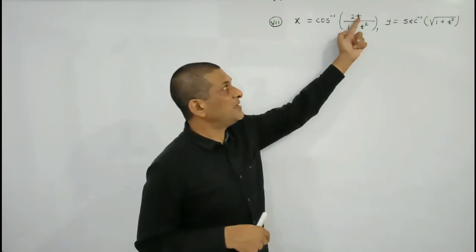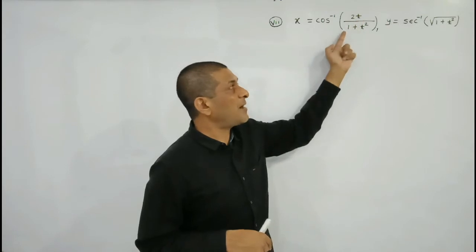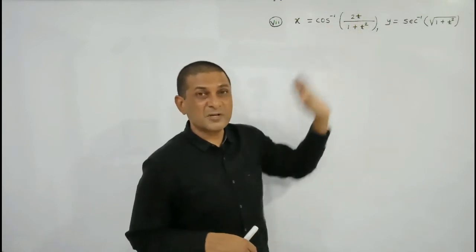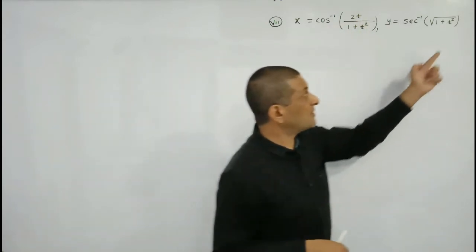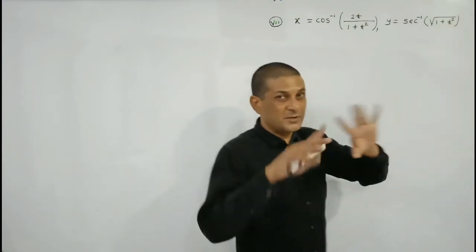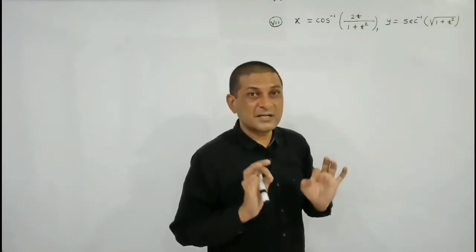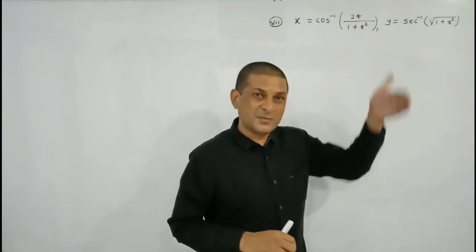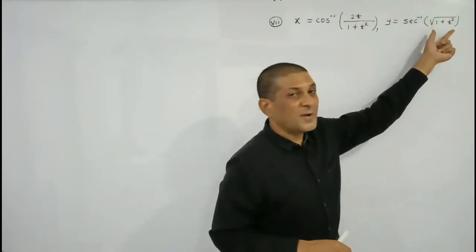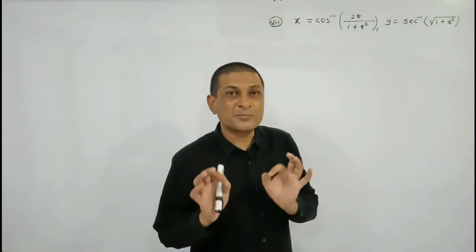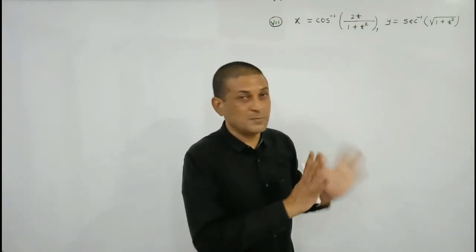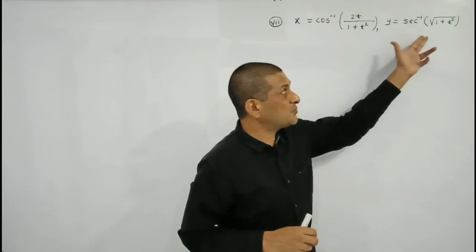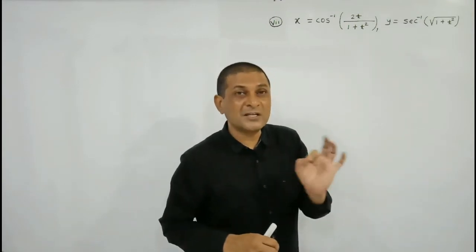If I am replacing t by tan, it will become 2 tan upon 1 plus tan square, which is nothing but the value of sine 2 theta. And here also 1 plus t square appears. Already we have constructed a table in which we have written expressions and substitution. So if 1 plus t square appears, at that time we have seen that substitute t is equal to what? Tan, to simplify it. Means in both the cases our substitution is what? T is equal to tan.